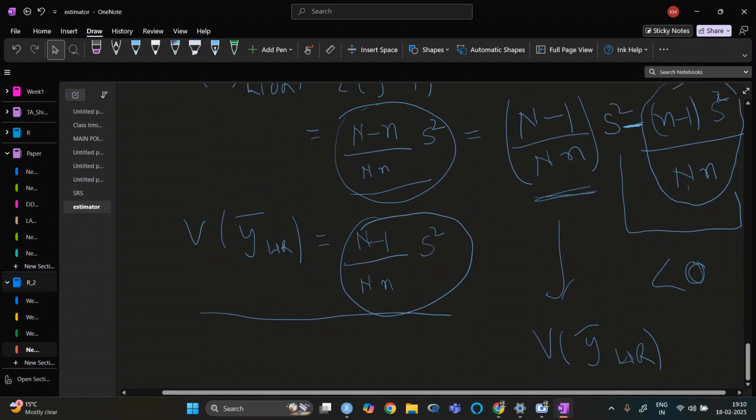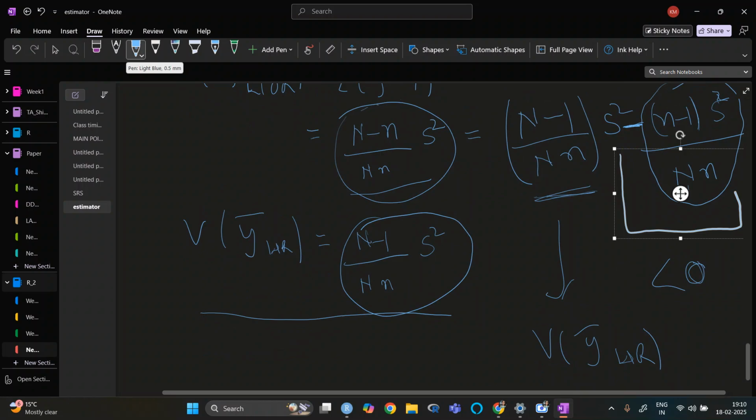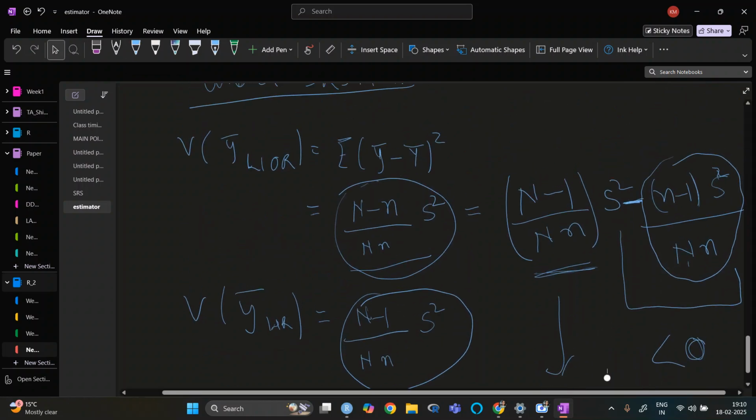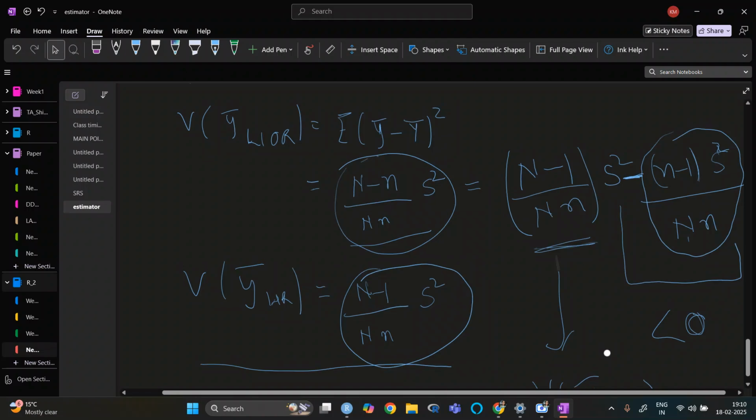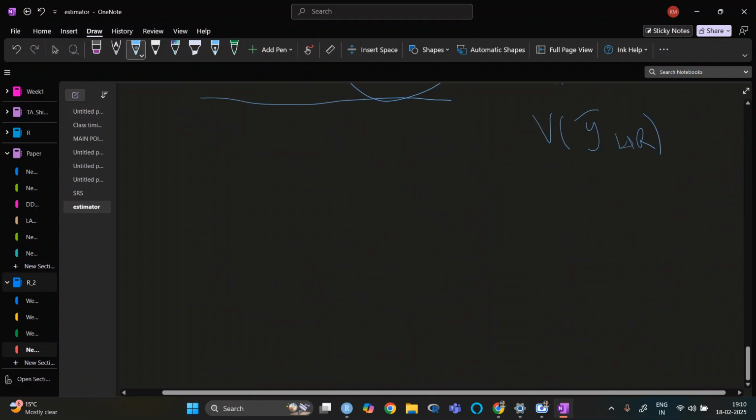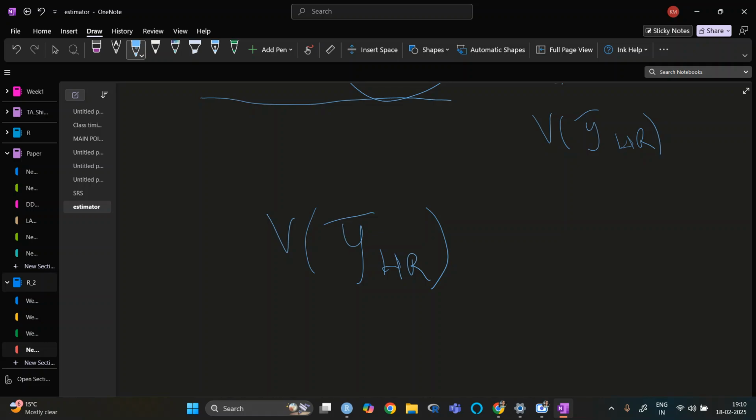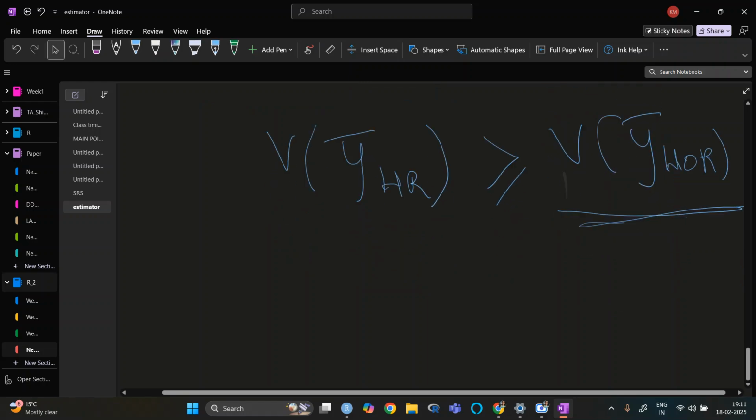If we are subtracting something from the variability of y bar WR, then we are getting y bar WOR. So the variability of this is greater than the variability of this.